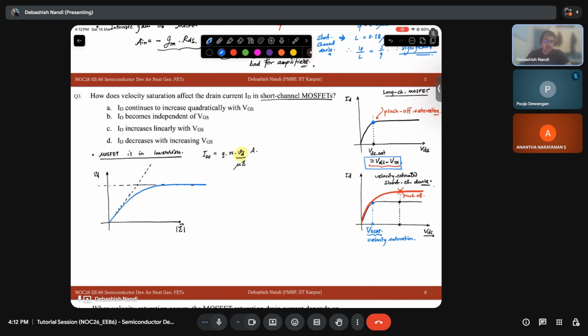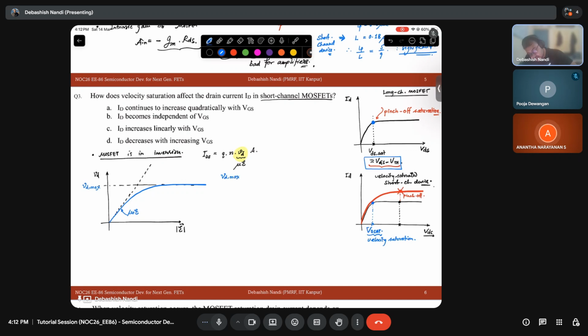Why does it happen? It is scattering. Mu 0 E, where mu 0 is your low field mobility, and there is something called, let's say, V_D max. So what is this V_D max?